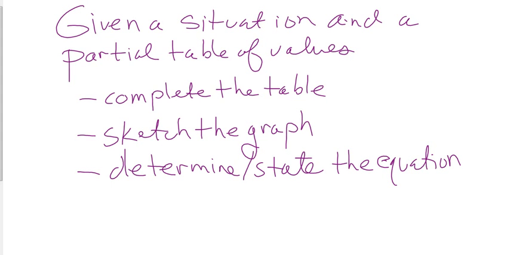So think about the situation, fill in the rest of the table. You know it's sinusoidal, you know that the pattern is going to kind of do this. Sketch it out reasonably. Use your max and your min to get D. Use your max and your min to get A. Get the period from the context, right?